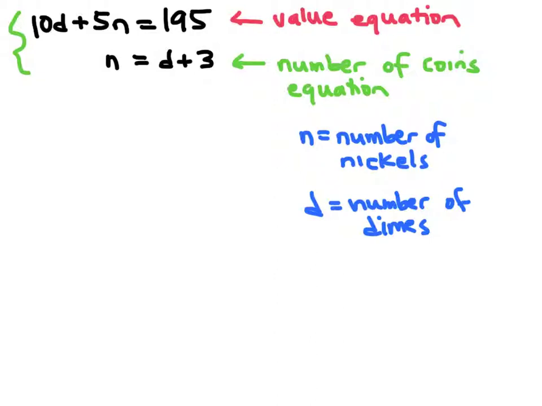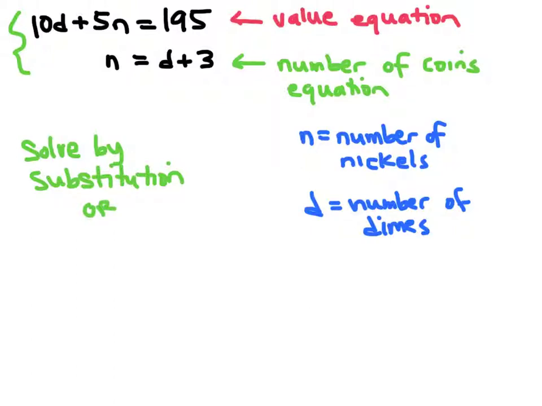We can either solve by the substitution method, or the addition, sometimes known as the elimination method. And when I'm looking at the system, I already noticed that this second equation is already solved for n.